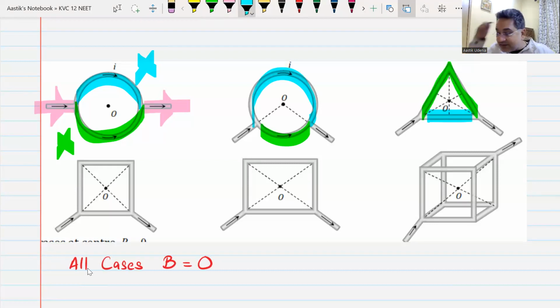Do we understand this? So in all these cases, my dear friends, the magnetic field is going to be zero. I'll give you 2 minutes to note this down. Everyone has noted this down, yes or no?